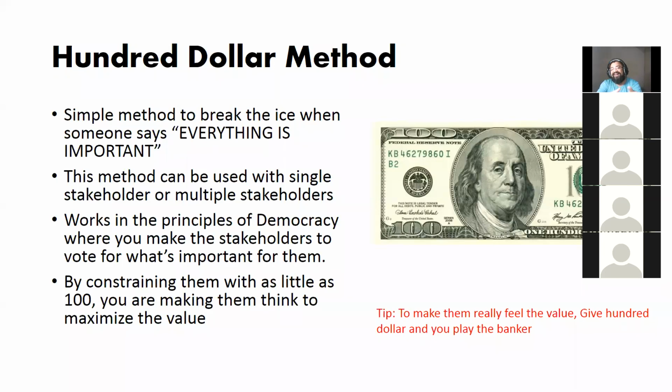Finally, get it back. Give them that, and say, hey, I have this, tell me which things you need. Just take the money from them. They will feel the pain, and they will then prioritize according to the maximum value, maximum need that they want.